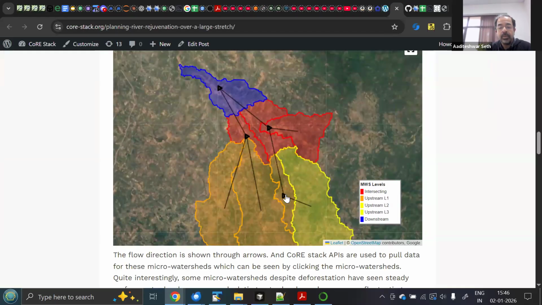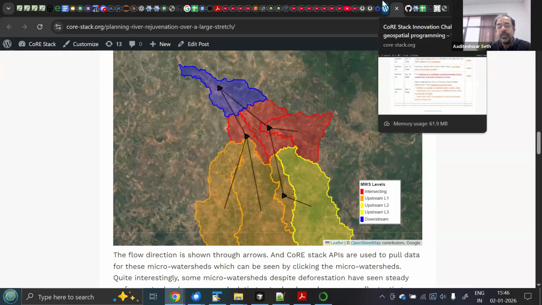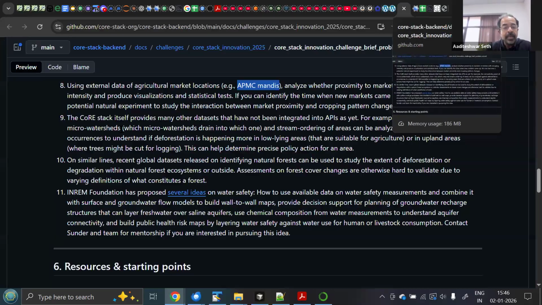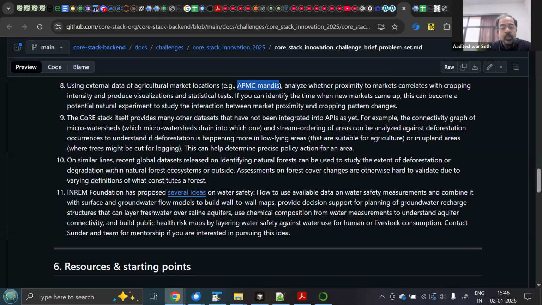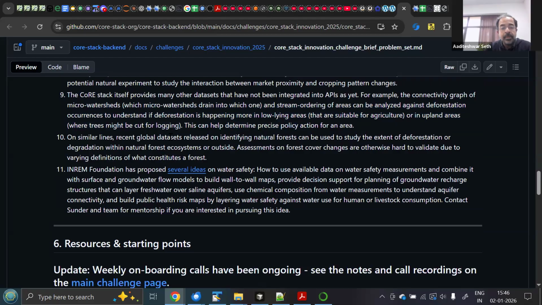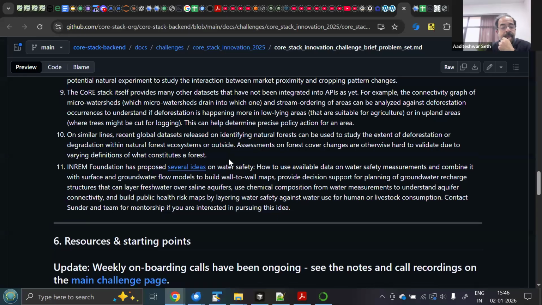This one flows into this, flows into this, and all of these flow over here. So that's the idea that you can do something fancy with the micro watershed data, or with recent global datasets on natural forests. There are a lot of such ideas.